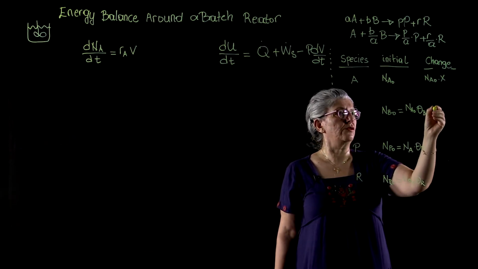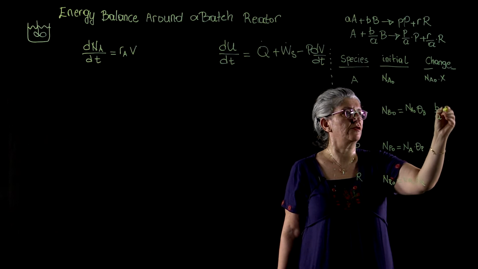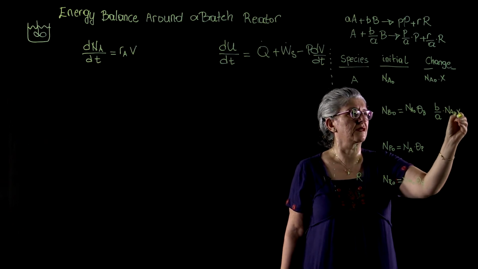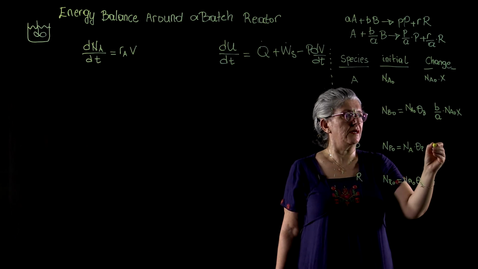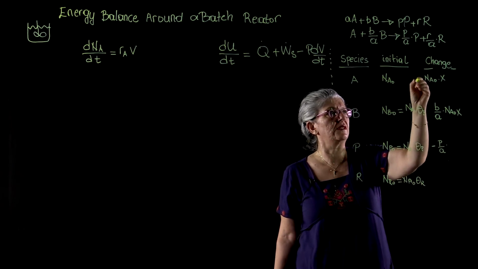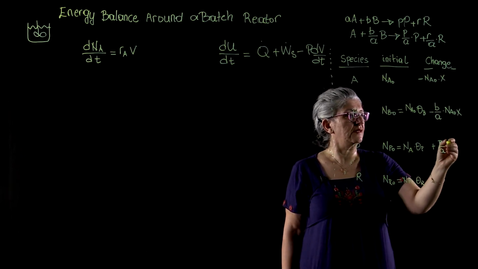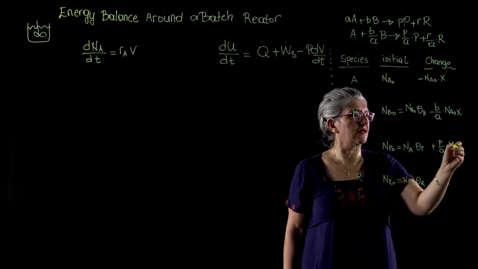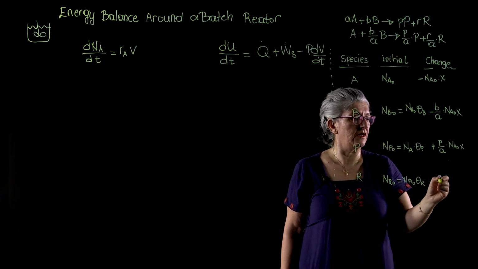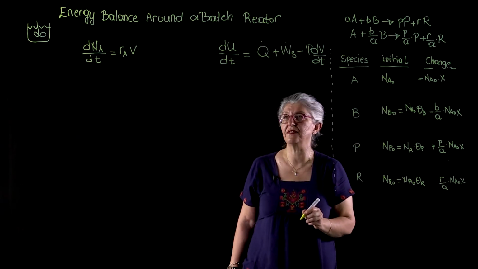The change for B is going to be minus b over a times N_A0 X. Actually, these were going to be minuses for the reactants, and this is going to be plus p over a times N_A0 X. And this is going to be r over a times N_A0 X. We're going to use these in deriving the energy balance.